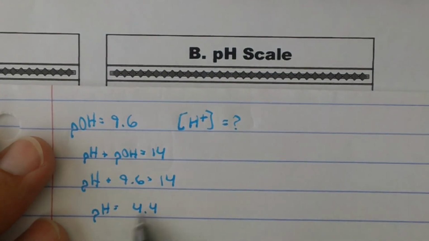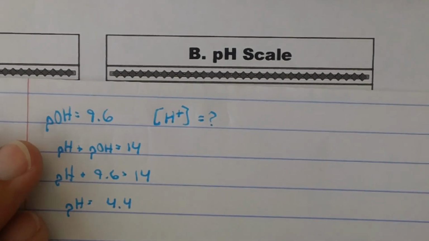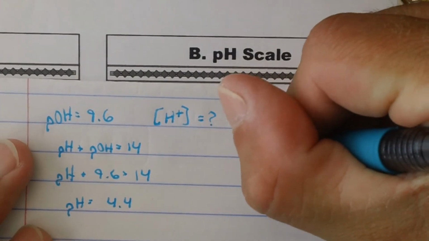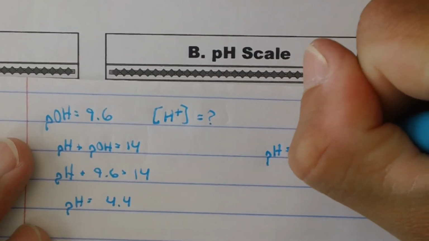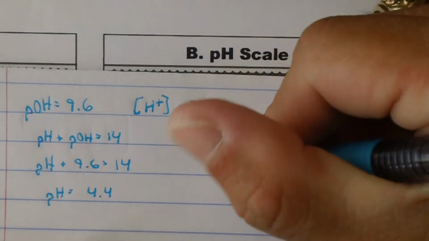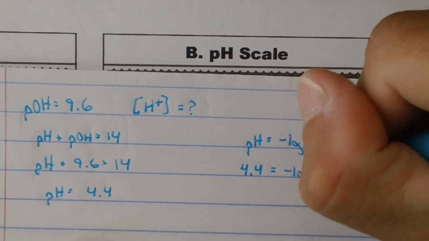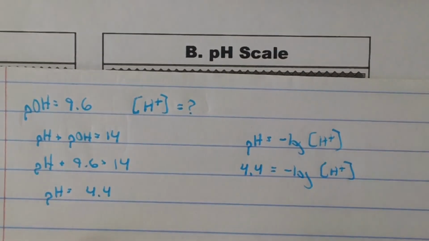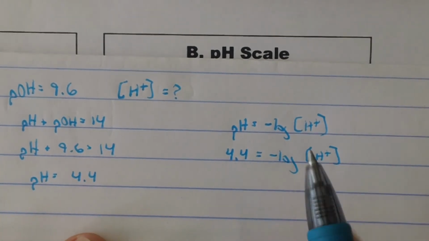Now that we have the pH and we're looking for the hydrogen ion concentration, we can come back and use our other formula. pH equals negative log of the H plus or the H3O plus. So 4.4 equals negative log of that hydrogen ion concentration. I got 1 minute to tell you how to do this on a calculator. Negative sign has to come over.